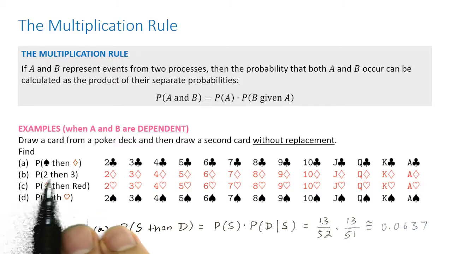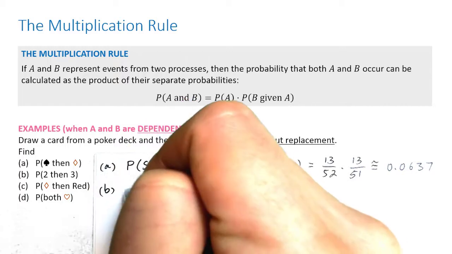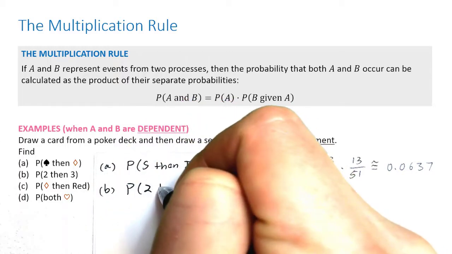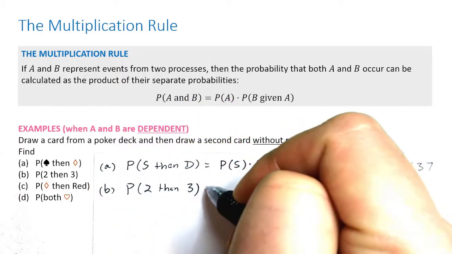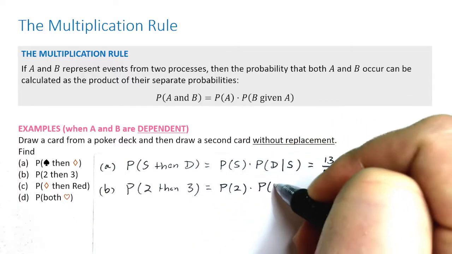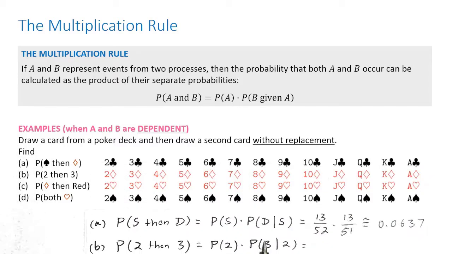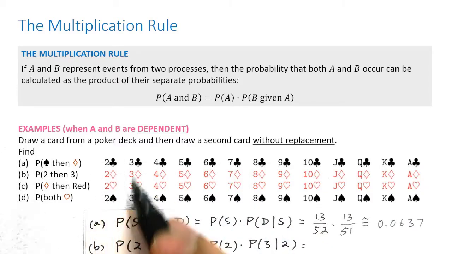Okay, let's go to the next one. Probability of getting a 2 and then drawing a 3. All right, so probability of getting a 2 and then getting a 3 is the probability of drawing a 2 times the probability of getting a 3 given that I drew a 2, because I got a 2 and a 3. All right, so what's the probability of getting a 2? Well, there are 4 2s in the deck.